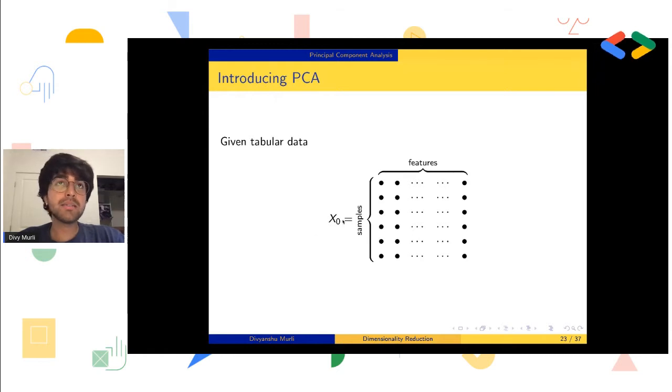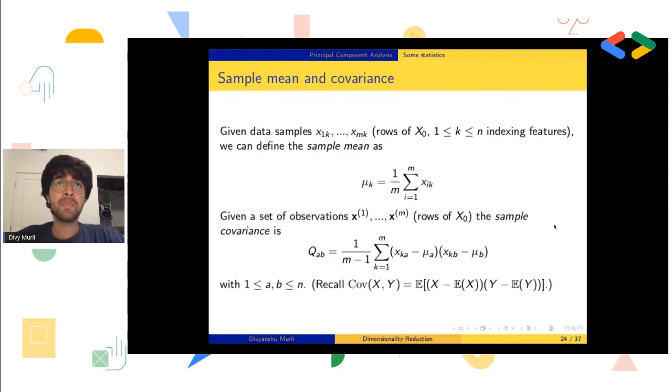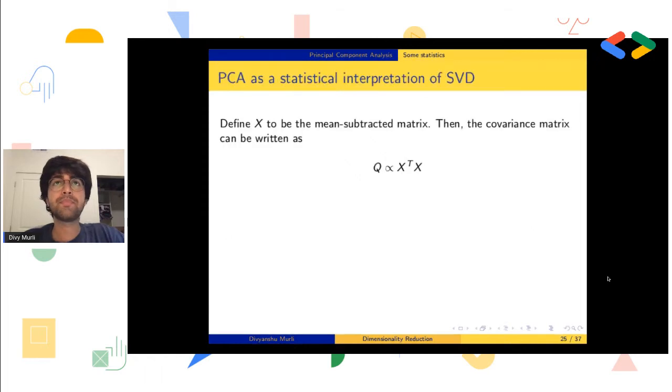So x is defined as the mean-subtracted data set. I take x naught and subtract off the mean of each column from each column. I take the first column and subtract off the mean of that column, take the second column, subtract off the mean of the second column, etc., till the nth column. So that's what x is. This is the mean subtraction.